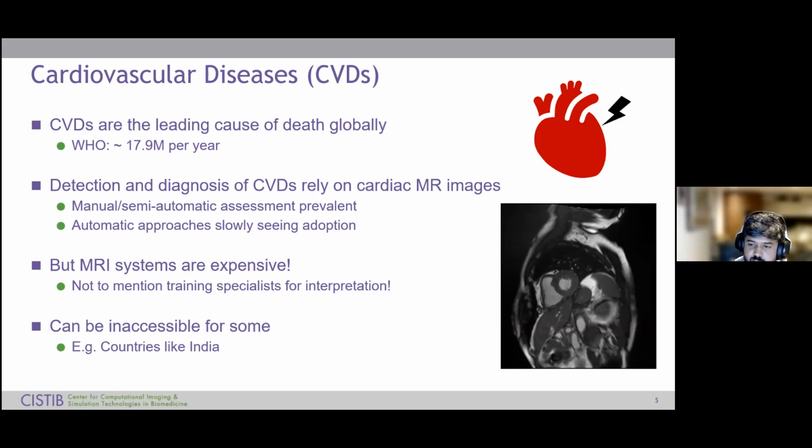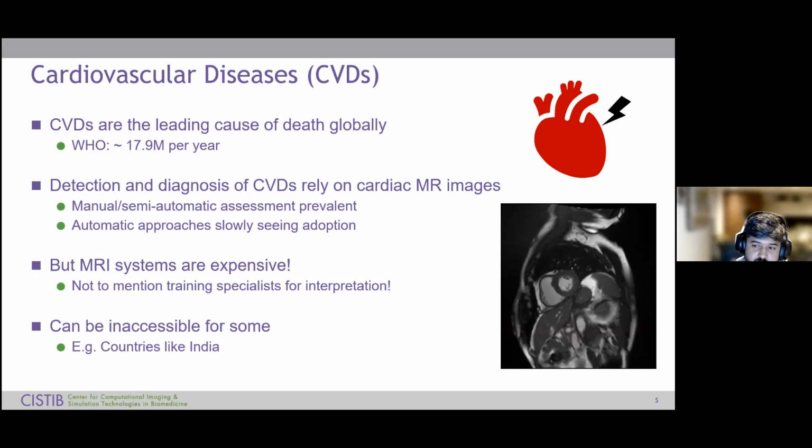The way these images are analyzed at the moment is through manual assessment, by expert cardiologists who have seen millions of these images and can just look at a cinematic sequence such as this and say, well, this person's heart has an enlarged myocardium, which is the wall of the heart, and hence prescribe specific forms of treatment or ask them to undergo additional tests.